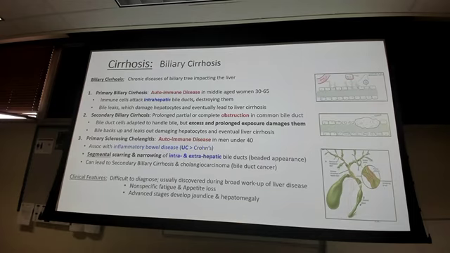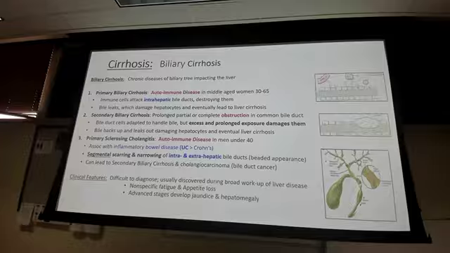And then primary sclerosing cholangitis, that's an autoimmune disease. Typically we see it in men. Typically we see it in inflammatory bowel disease, more commonly ulcerative colitis and Crohn's. What happens here is that the immune system attacks those intra- and extrahepatic ducts, so both inside the liver and outside the liver. When it does that, it causes scarring, and when it scars down, bile can't flow like it should.